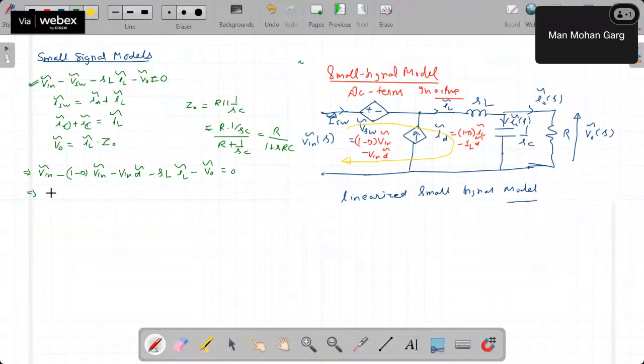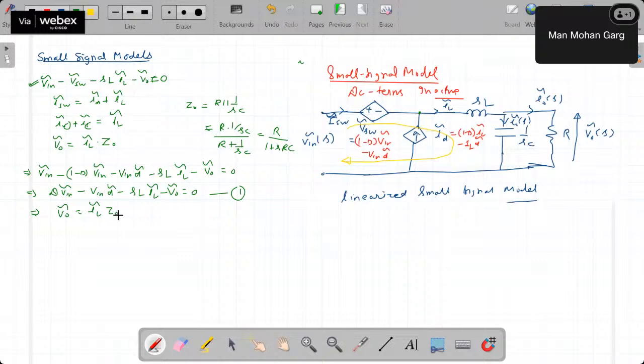So this is 1 minus D into V in cap minus V in into D cap minus SL IL cap minus V naught equal to 0. This is the equation 1. Another equation is V naught equal to IL into Z naught.